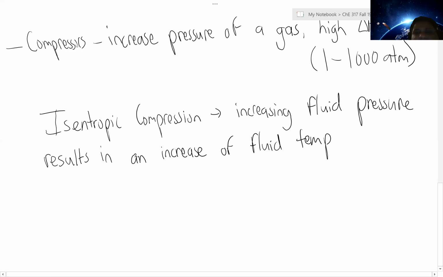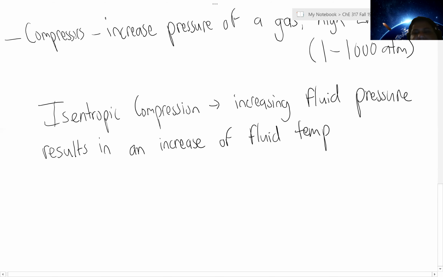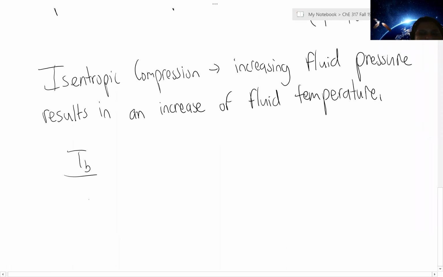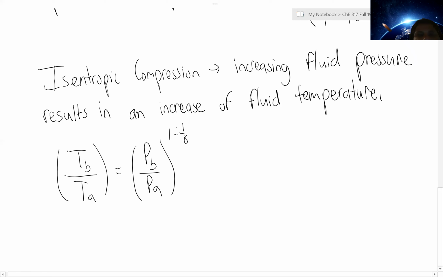By fluid, I'm really talking about vapors and gases. This is unique to compressible flow. And based on our discussion that we had in chapter 6, we can identify that increase in temperature following this expression. TB over TA is equal to PB over PA to the 1 minus 1 over gamma power.